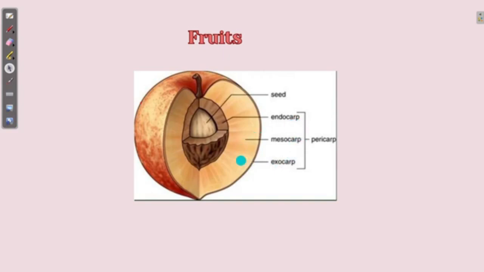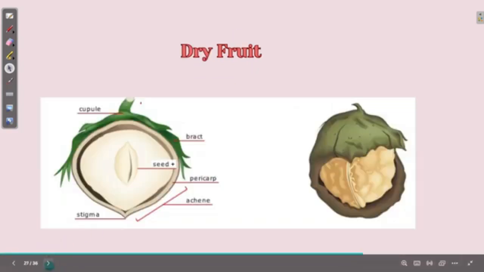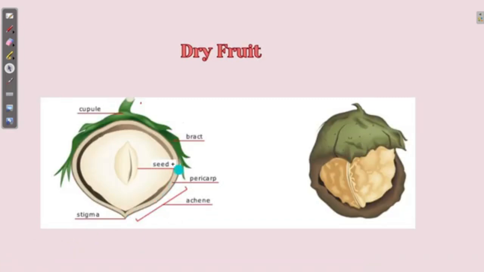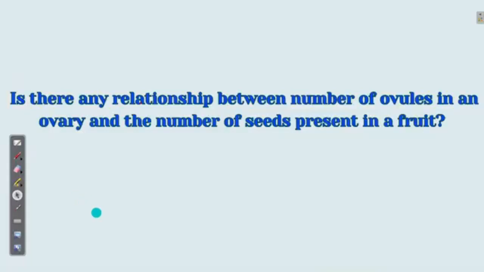This kind of differentiation of pericarp is seen in fleshy fruits like guava, mango, orange, etc. Whereas in dry fruits, the pericarp occurs as a thin sheath or a scaly layer, in dry fruits like groundnut, mustard, etc.